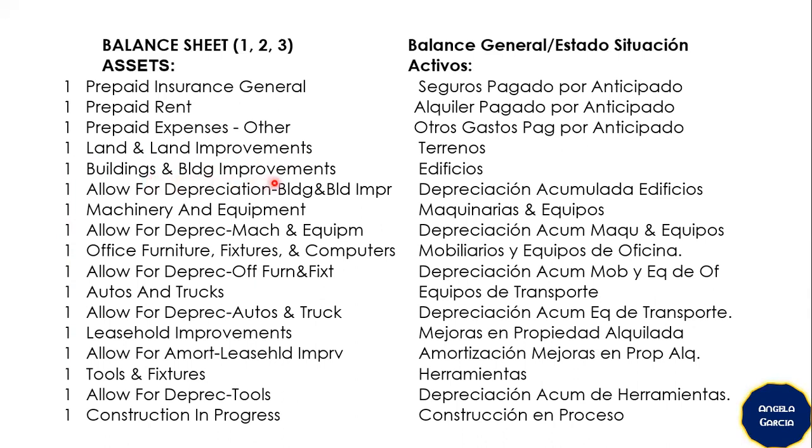Buildings and building improvements. Those are the buildings when you are the owner of the building. And for this account, you have a depreciation account, an allowance for depreciation, building and building improvements. That is depreciation for building.